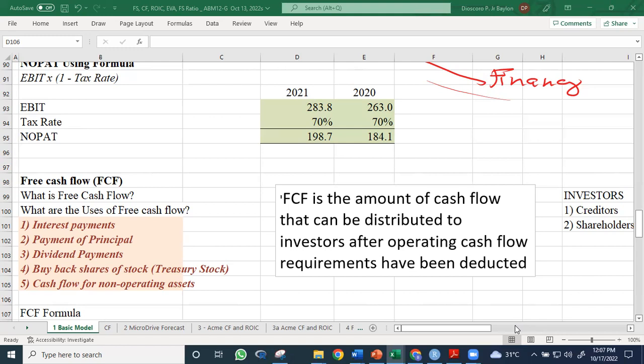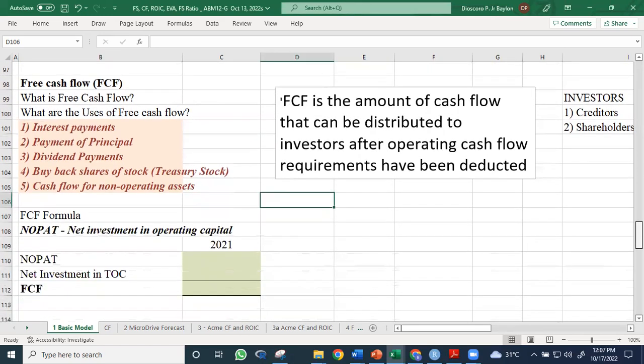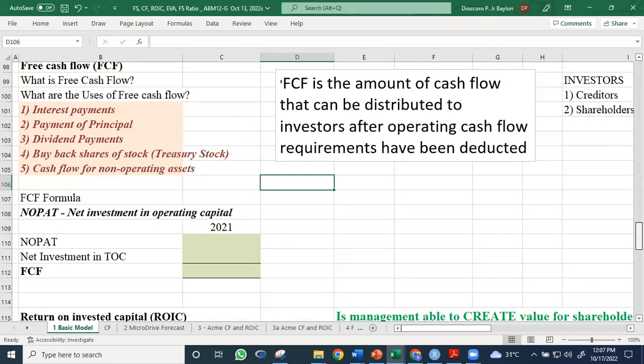Ito yung free cash flow natin. Any questions, class? Okay, good. All right.